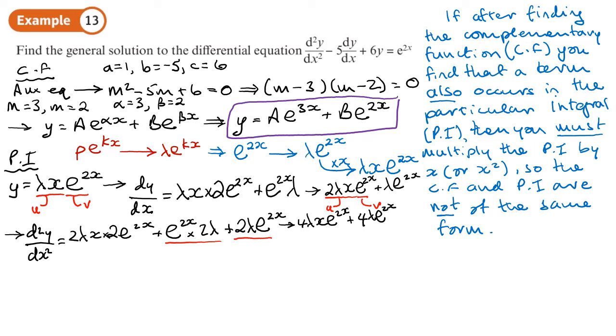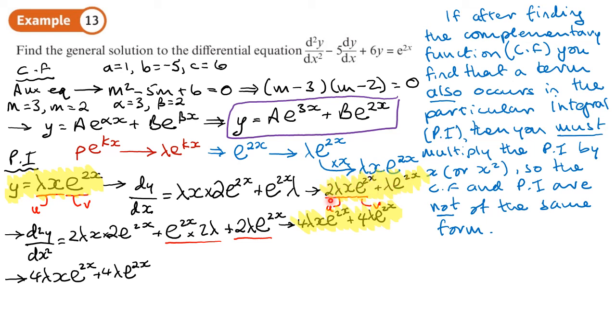So there's a lot going on here, so I'll just highlight y here and dy dx, which is here, and d squared y over dx squared. So they're going to get substituted into the differential equation. So that's going to be 4 lambda x e to the 2x plus 4 lambda e to the 2x. Then I want to take away 5 lots of this, so I'll work that out straight away.